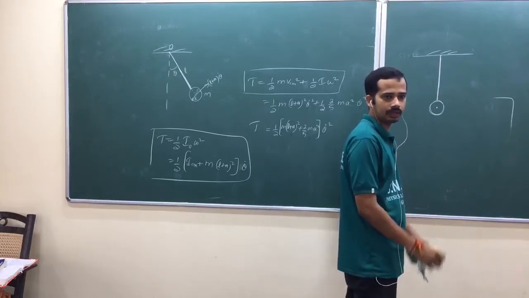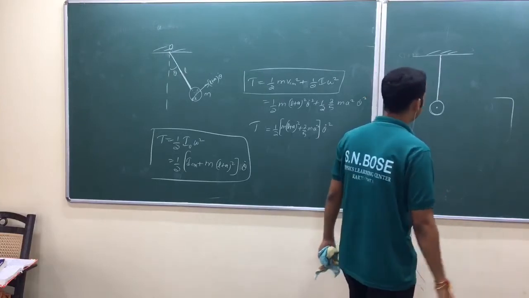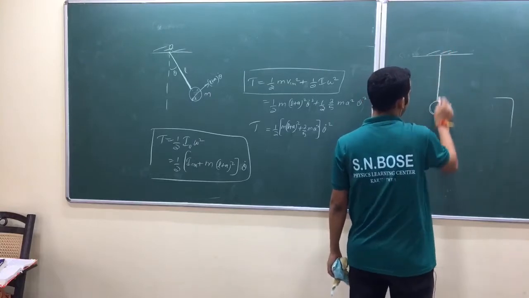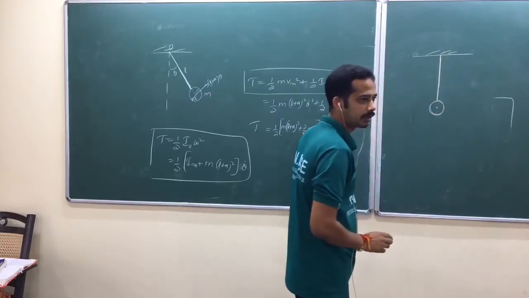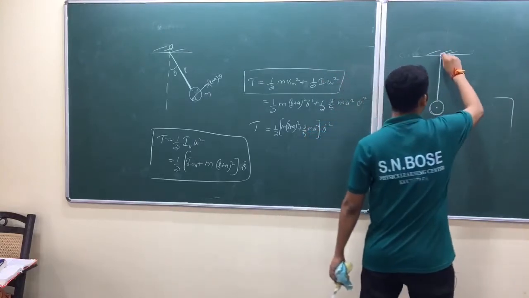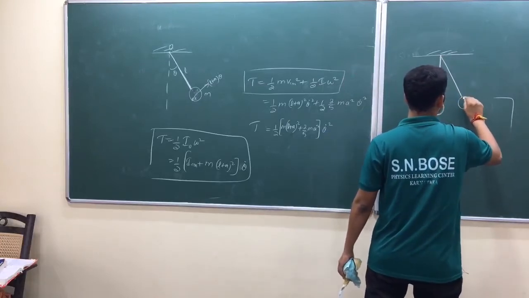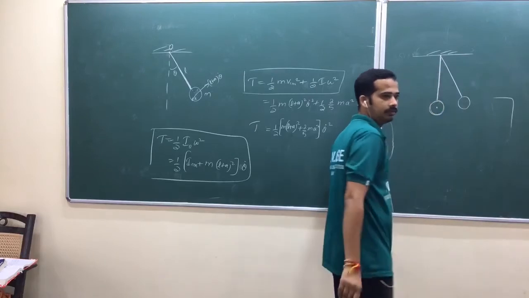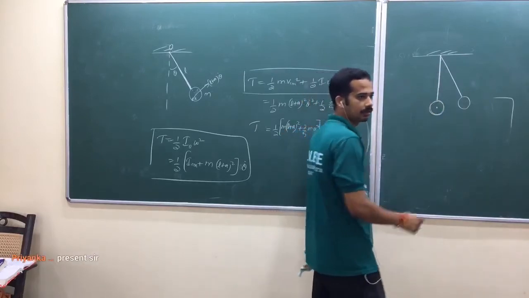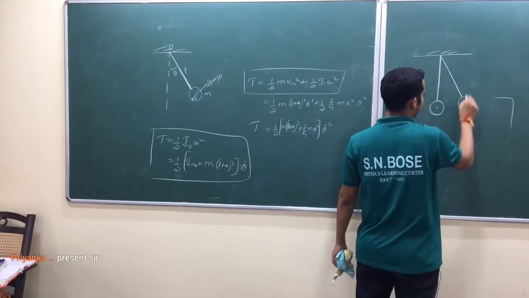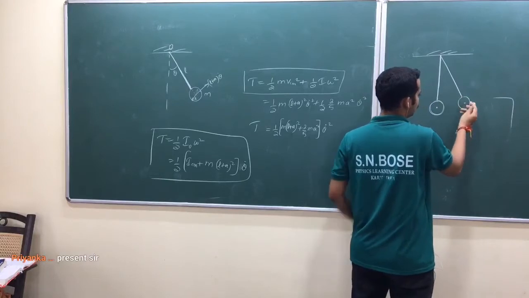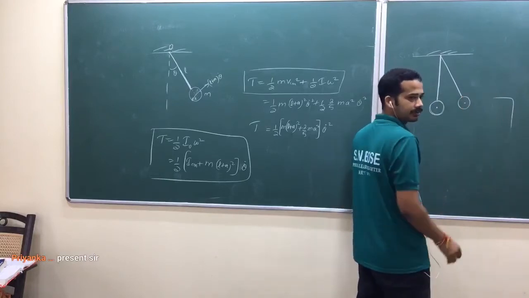Is that okay? You are not attached to that one. So now you are looking above. When it makes this kind of angle, again you are looking above. But by that time, it has made this kind of rotation.